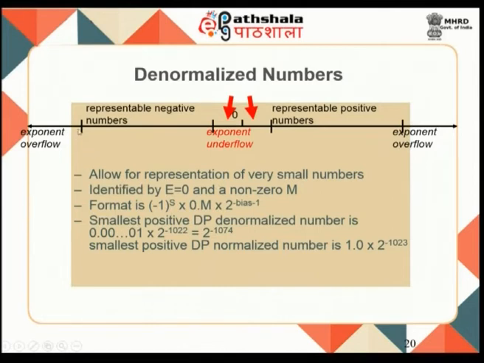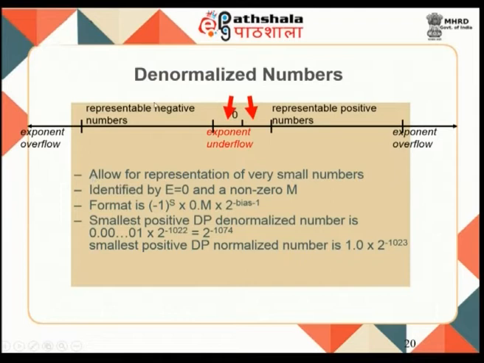Beyond this, it is an exponent overflow, and beyond this it is an exponent overflow here again, and this is the range of representable negative numbers. This is the range of representable positive numbers, and within this range you have the denormalized numbers, where there is a gradual degradation, a graceful reduction, and it indicates an exponent underflow.